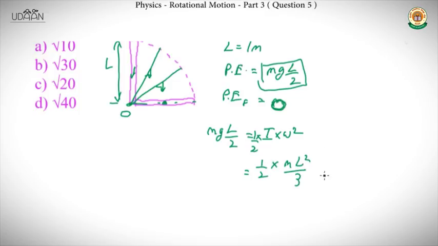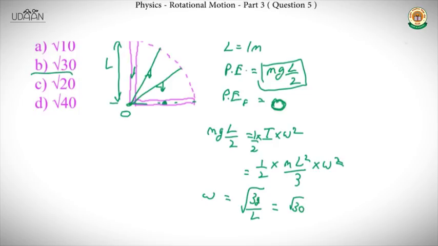This we had calculated in the introduction, as we remember. This we need to memorize. Into omega square. From this expression we can easily find out the value of omega, which is the angular velocity, the part which is asked in the question. So here we find omega to be equal to under root 3g by L, and putting in the values we find that omega is equal to under root 30, which is option number B.